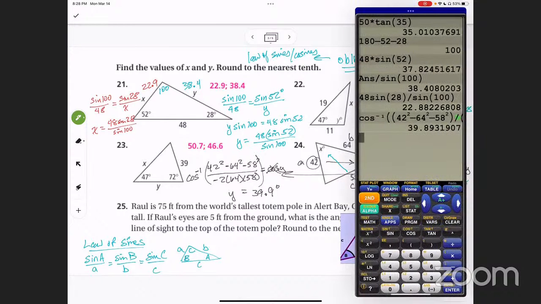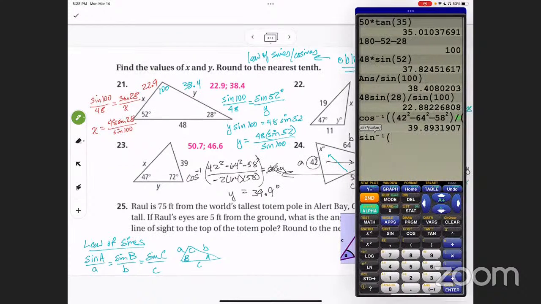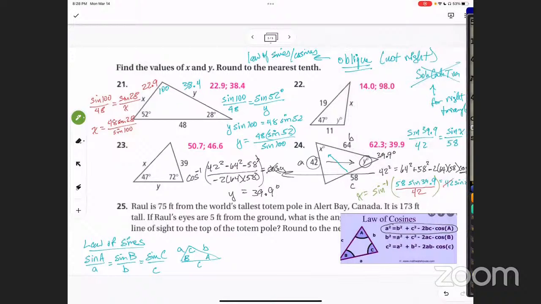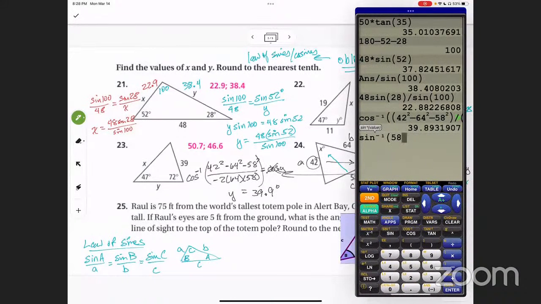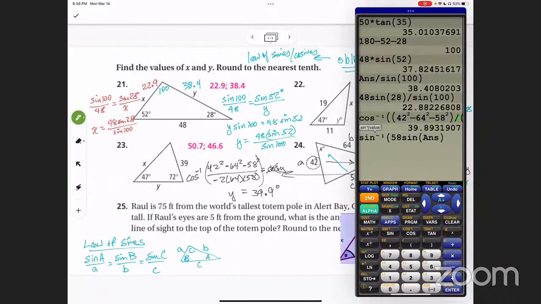So it's sine inverse of 58 times the sine of 39.9, which was my answer. So I'm just going to click answer. Sine of answer. You know how to use that trick? Divided by 42.